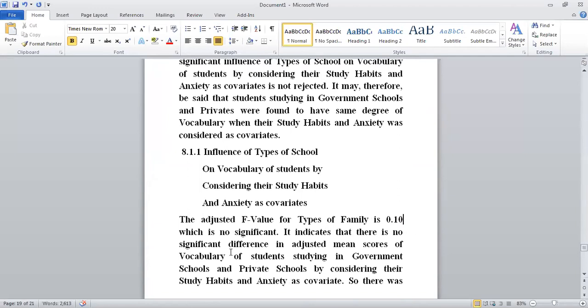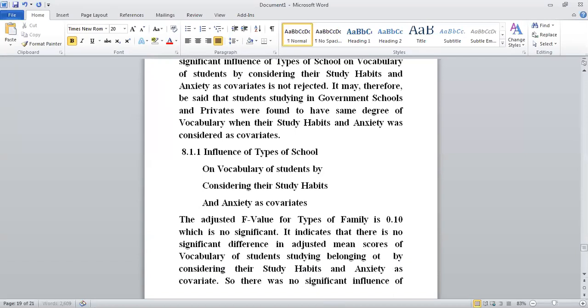It indicates that there is no significant difference in adjusted mean scores of vocabulary of students belonging to joint families and nuclear families by considering their study habits, anxiety, and covariates.